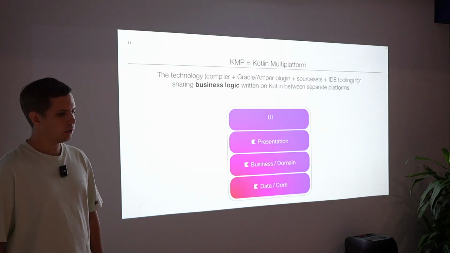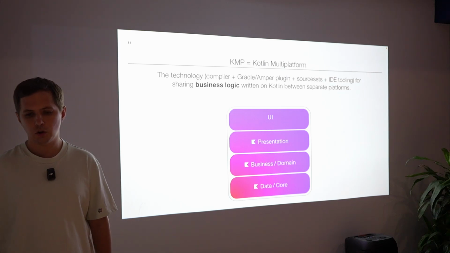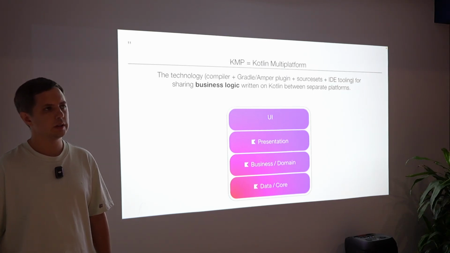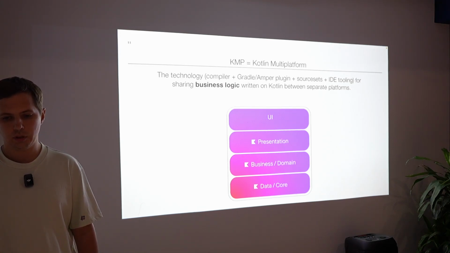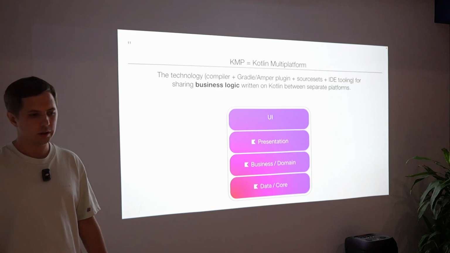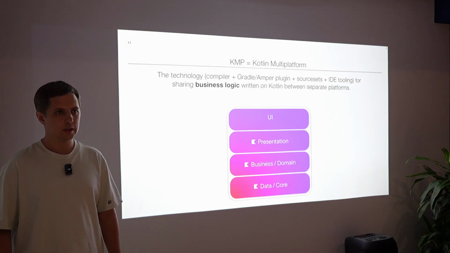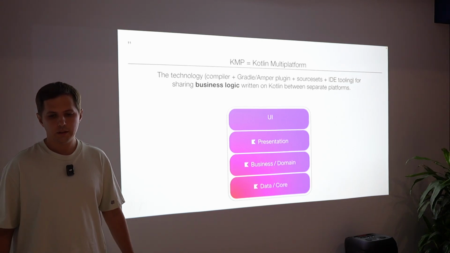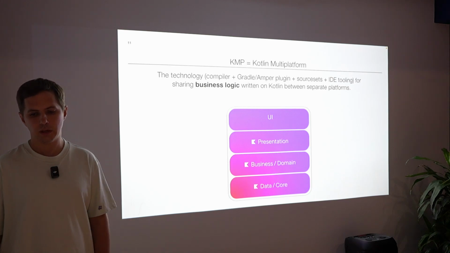But before we start, let's introduce some terminology. What do we mean when we talk about Kotlin multiplatform, or KMP? It is a technology that consists of 4 parts. So it's the Kotlin compiler, a build tool plugin, for example, Gradle or Maven, and also the mechanism of source sets and IDE tooling, an IDE plugin. So it allows us to share business logic written in Kotlin between separate platforms.